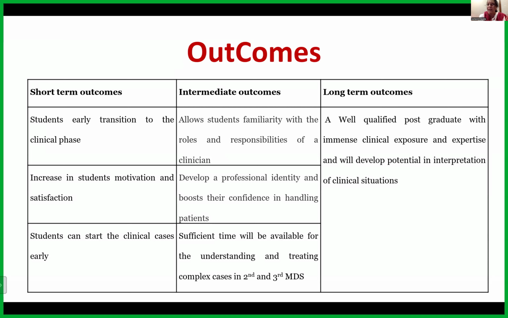You want to say that early on, it helps them determine their responsibility earlier. They get the responsibility as a clinician. No, this is not coined properly. Familiarity is not the word. Ma'am, I'll skip that word. Allow students the role and responsibility of clinician.